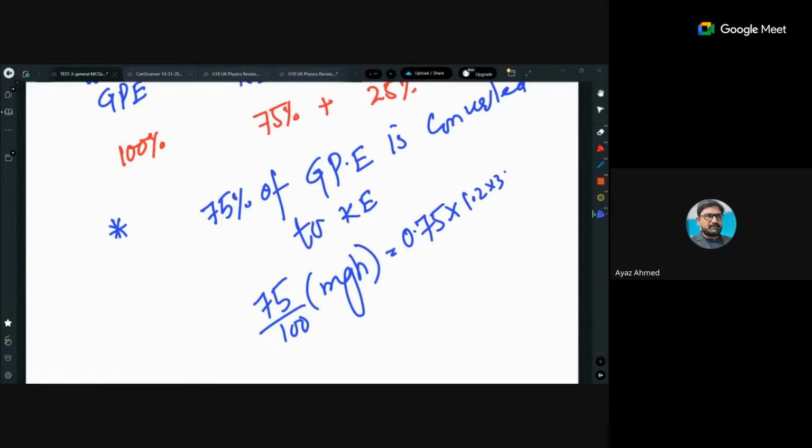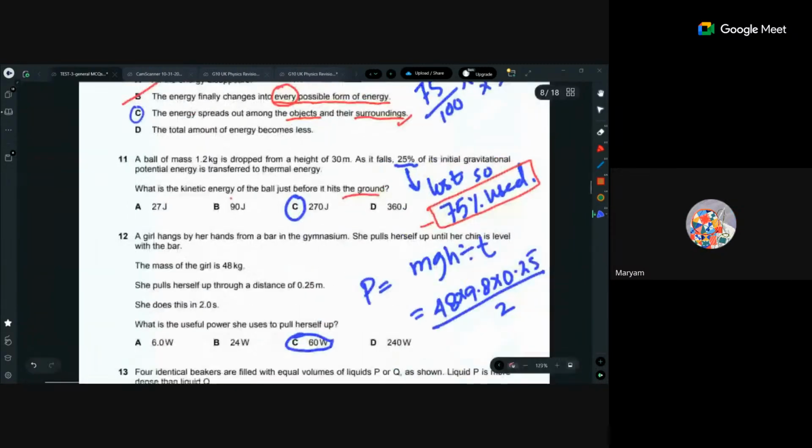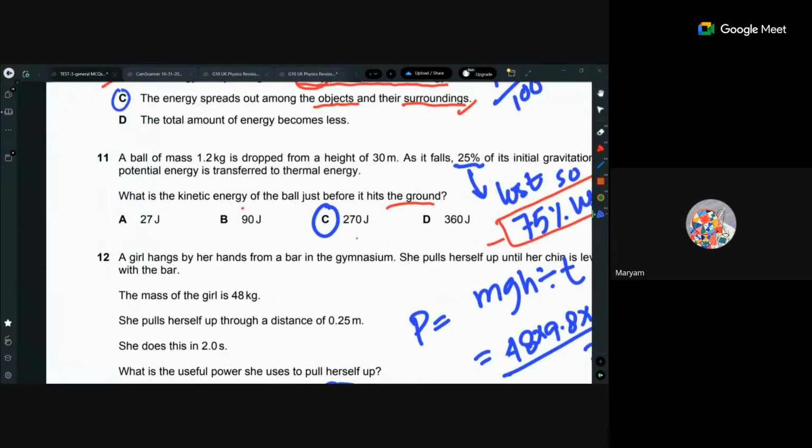Just calculate that and you will get your answer almost closer to 270. It's going to be 269.9. Is it clear to all?